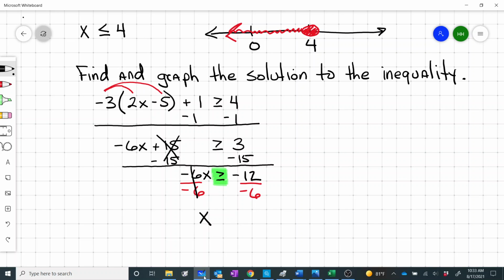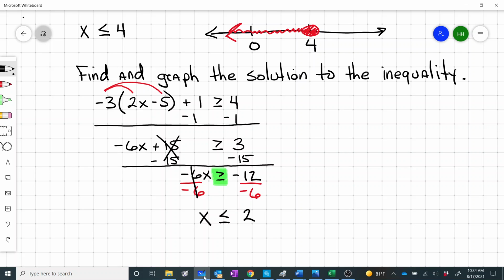You have to change the direction of the inequality anytime you multiply or divide both sides by a negative number. You see up here in this first step where we distributed this negative 3, we multiplied by negative 3, right?